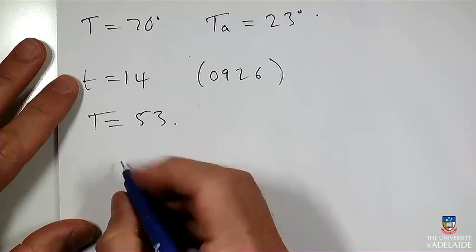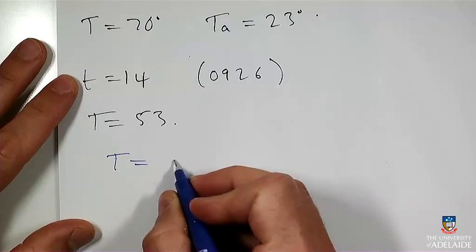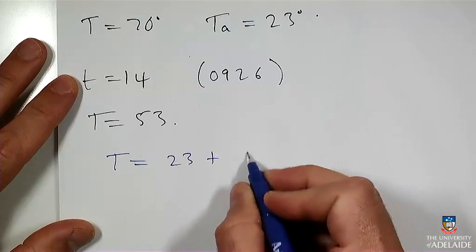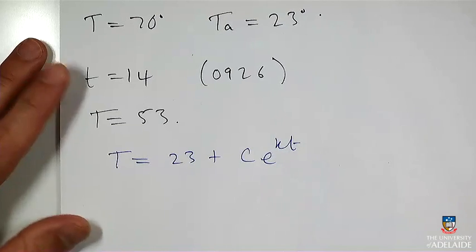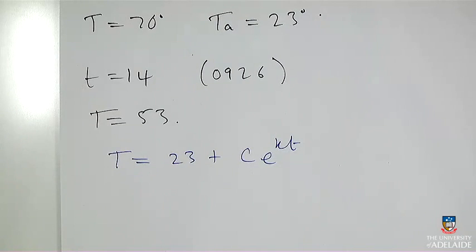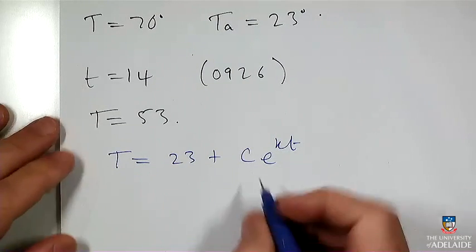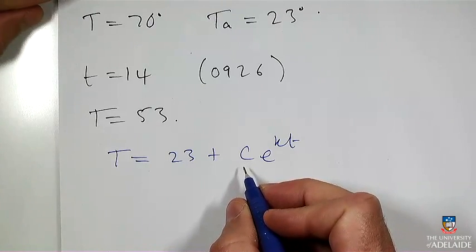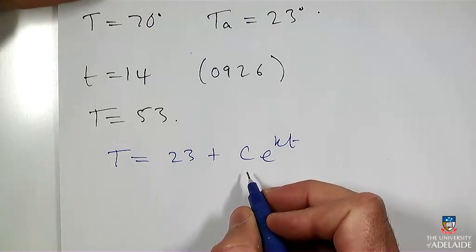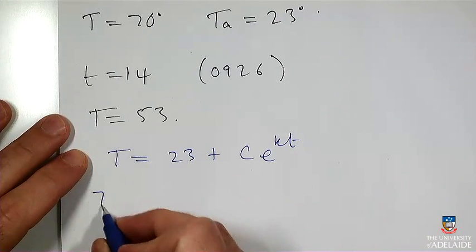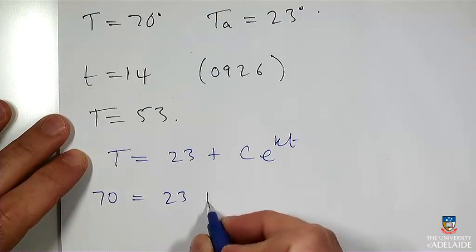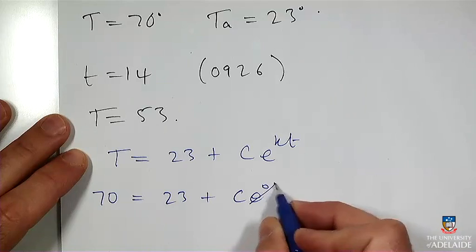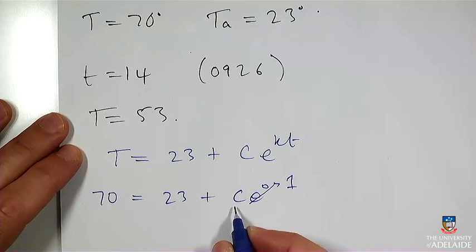So we'll have T equals TA plus C e to the kt. Then to get this, we'll use T of 0 equals 70 degrees. So 70 equals 23 plus C e to the 0, that's a 1. So C is 47.